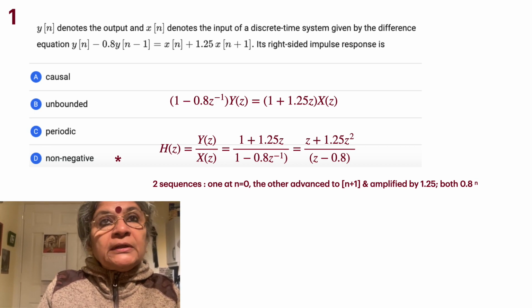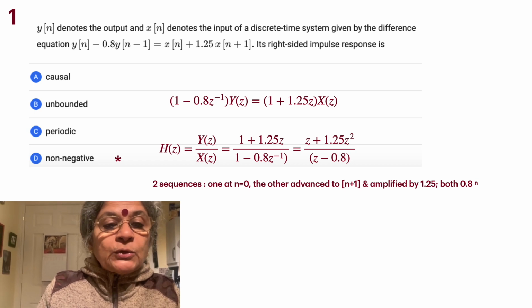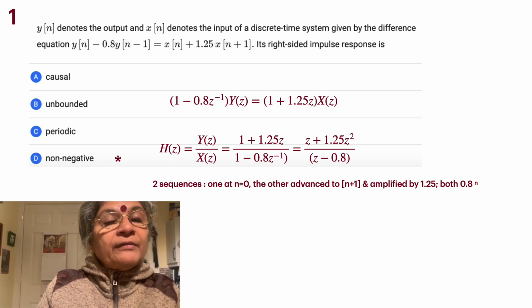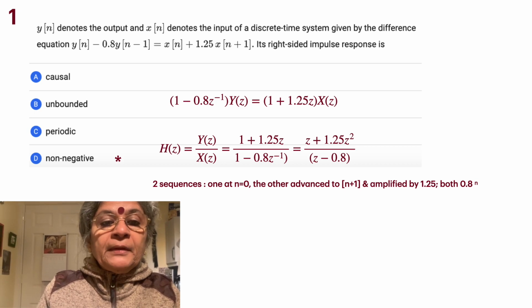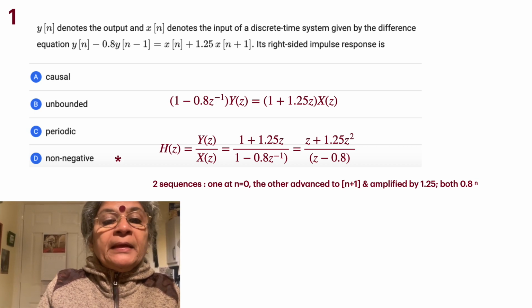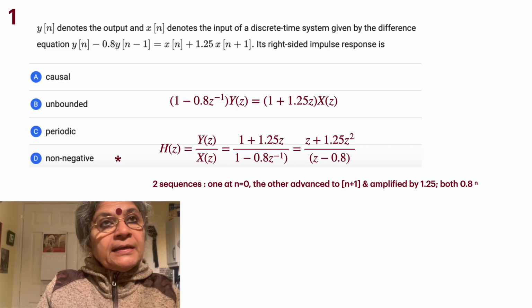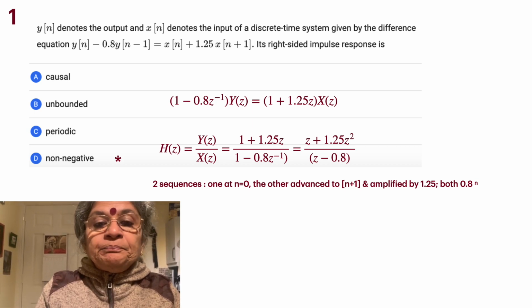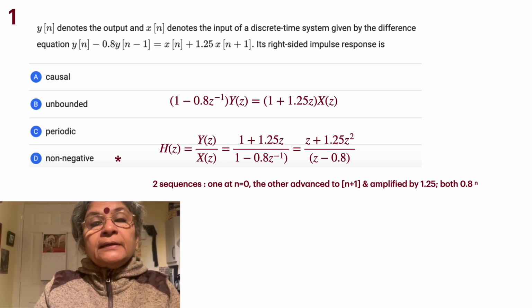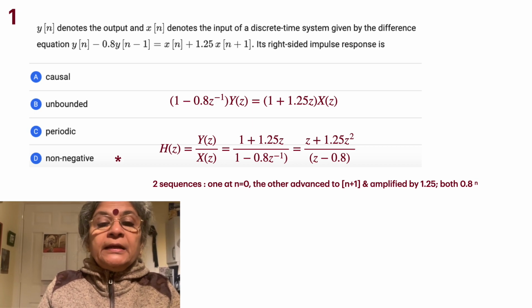The difference equation is y[n] minus 0.8 y[n minus 1], so there's a delay there, equal to the input side x[n] plus 1.25 x[n plus 1]. So there's an advancement there. By now, I suppose the advancement as also the delay is clear to you.